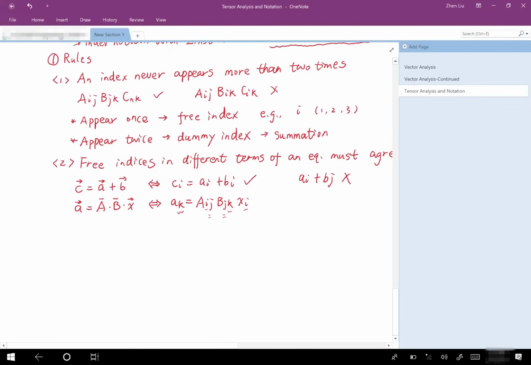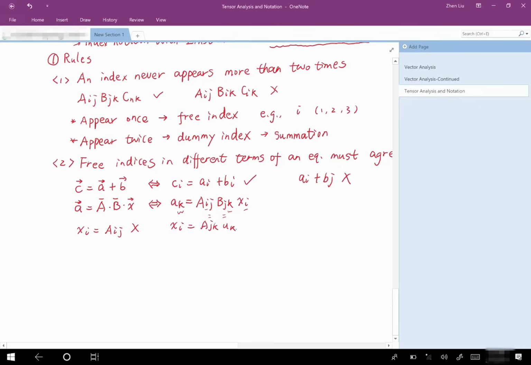And I can give two bad examples that violate this rule. For example, if I write xi equals Aij, this one is wrong. First, they represent two tensors of different orders. This is first order, it only has one index, the other one has two. And also, one has one free index, the other one has two free indices. So wrong. The other one, xi equals ajk uk.